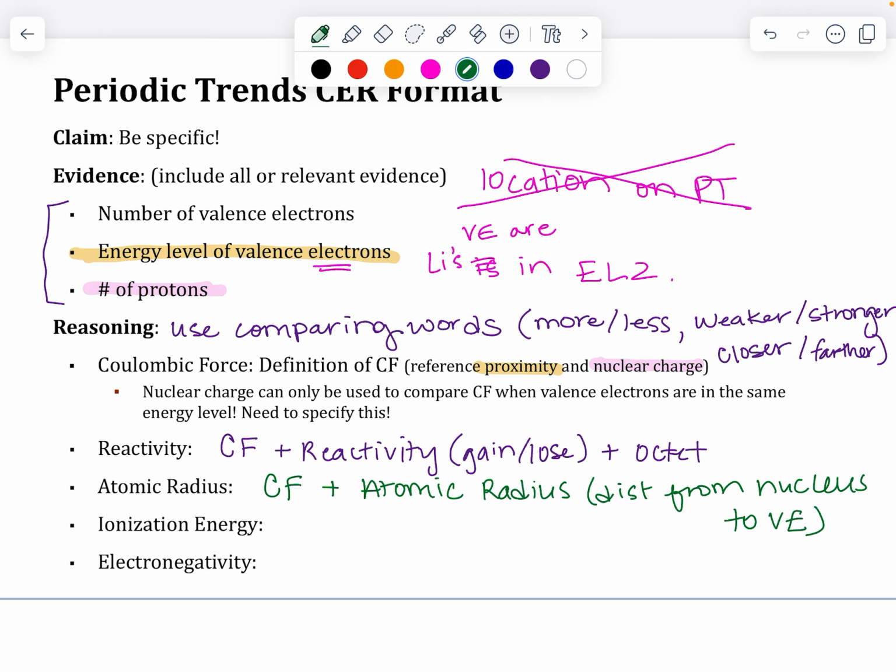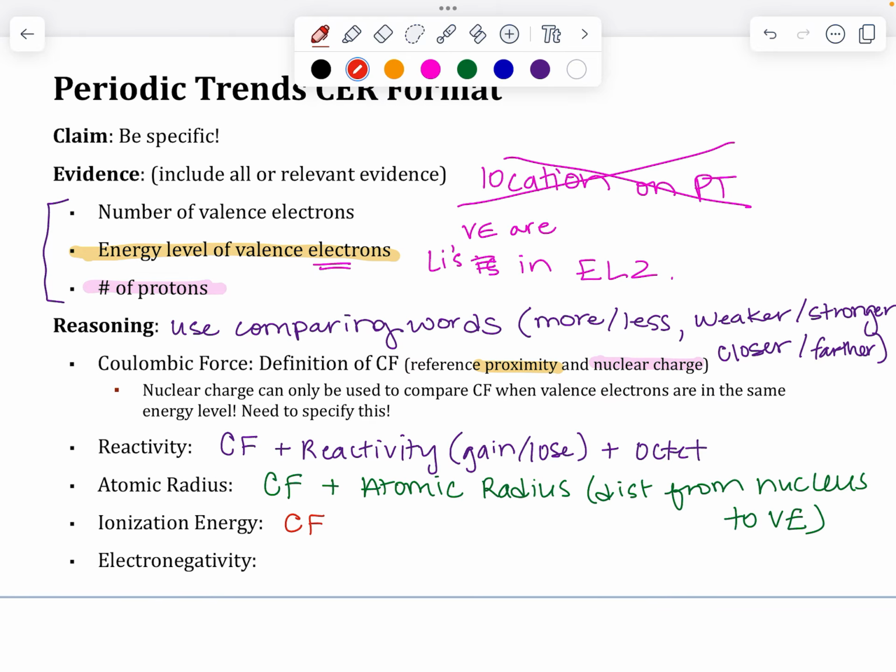If you're making a claim about ionization energy, you're going to need to talk about coulombic force. How are the proximity of my electrons, what energy level they're in, and that nuclear charge impacting my coulombic force, making it strong or weak? And then I'm going to also relate that to the definition of ionization energy.